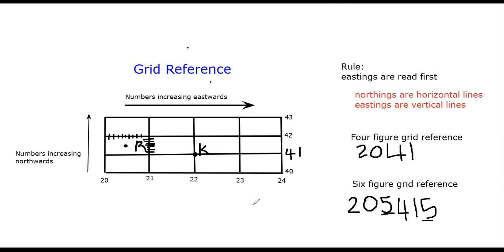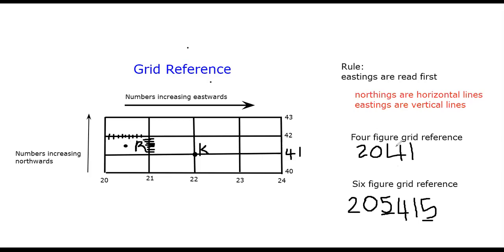So, a general summary: the 4-figure grid reference basically tells just an area. If you know that the R is right here, then the number that it has passed, read it based on it increasing upwards. We know that it hasn't reached 42 as yet, so it must be 41.